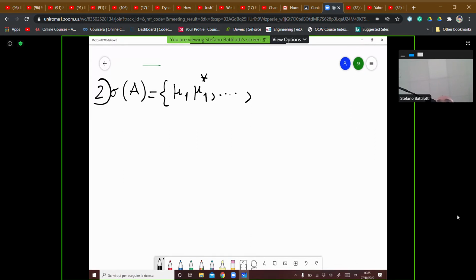So, for this reason, we represent the spectrum in this way. Basically we have n over 2 pairs of complex conjugate eigenvalues.